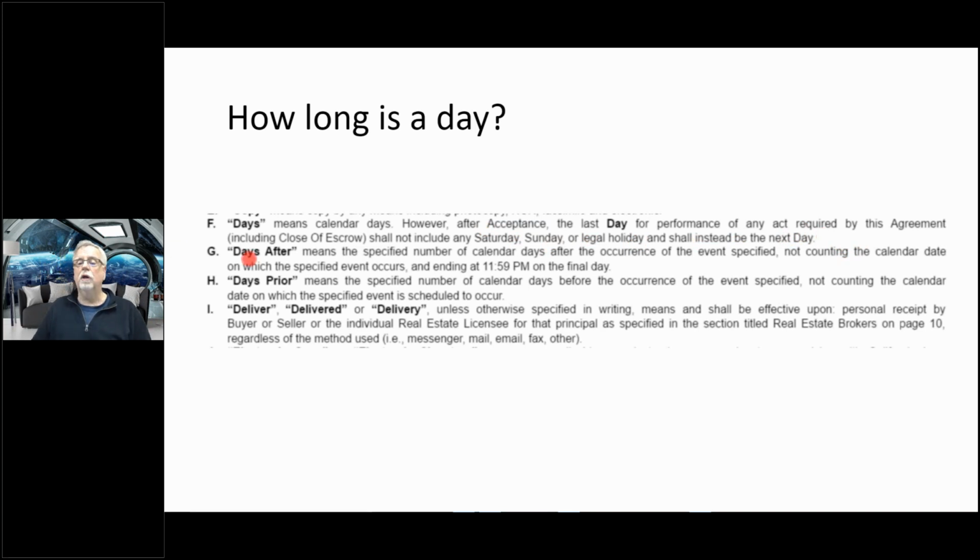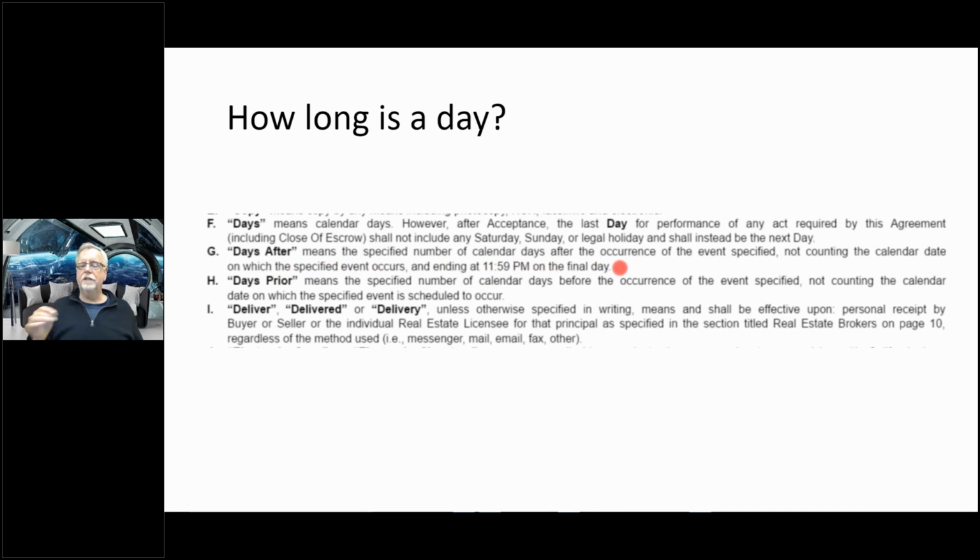Days after, well, how do we count? If today is, if we did it today, is today day one or tomorrow day one? And the answer, it's tomorrow is day one. And then days after the specified event occurs, ending at 11:59 p.m. on the final day.